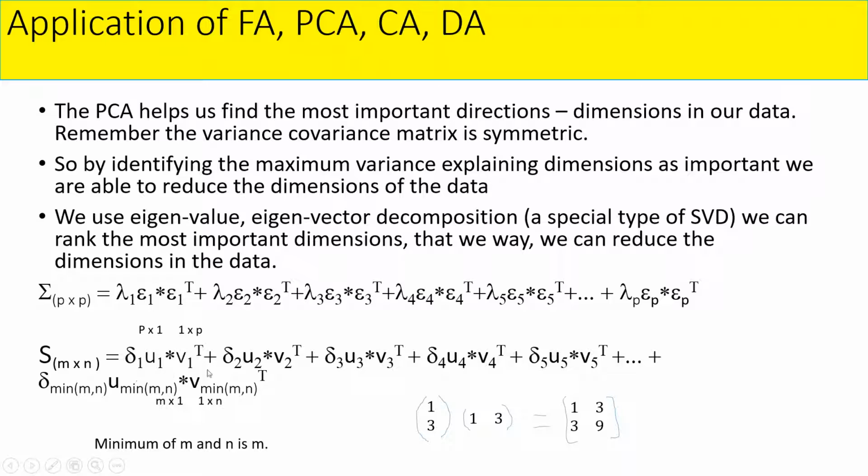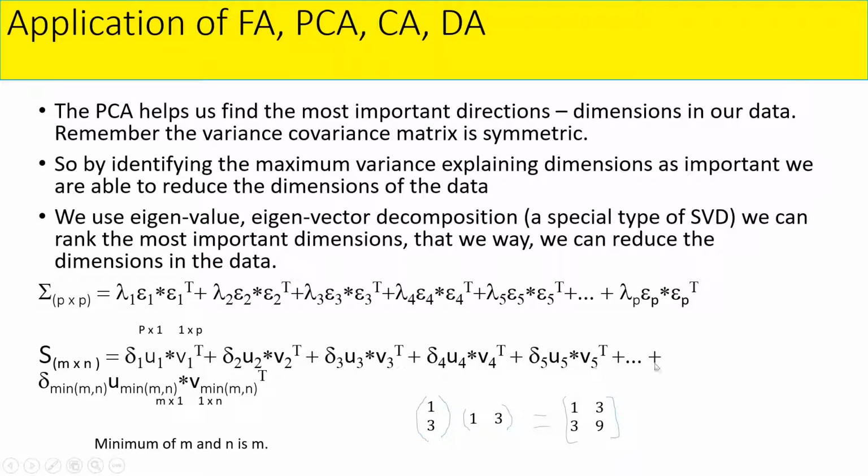If you want to take only the first dimension of the reduced representation of this matrix, you will just stop with this. But if you want 2 dimensions, you will stop with these 2. So the names given here are singular values, and the vectors are called singular vectors.